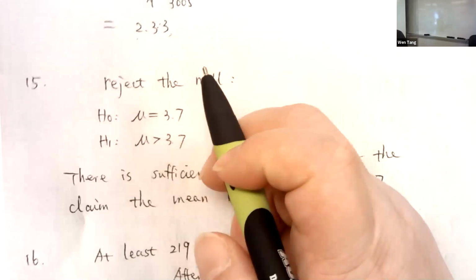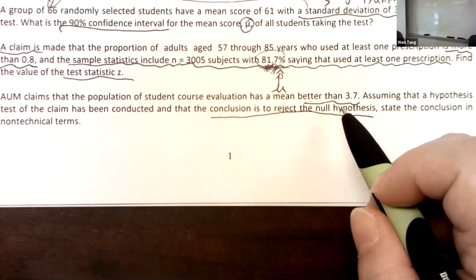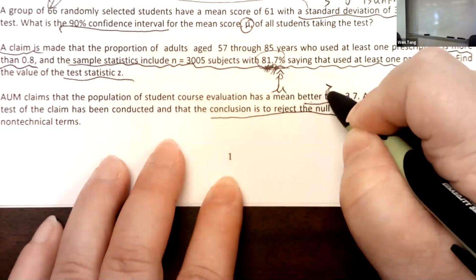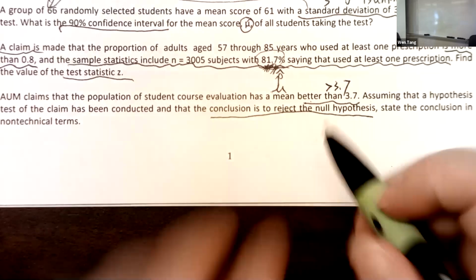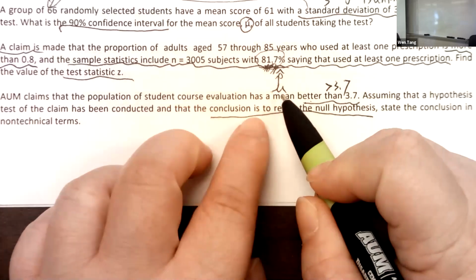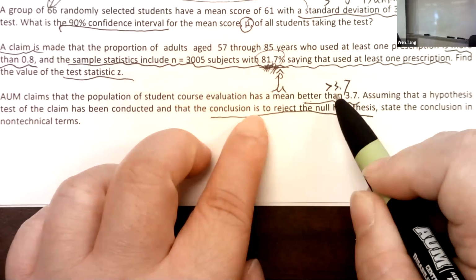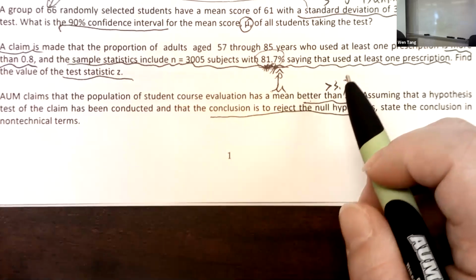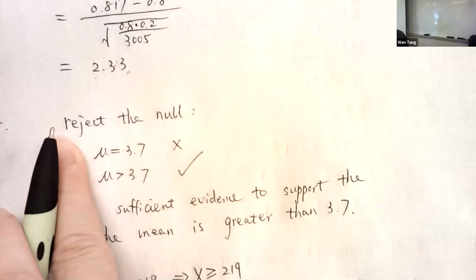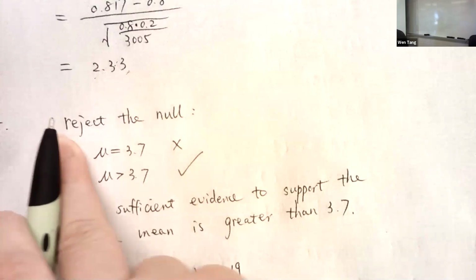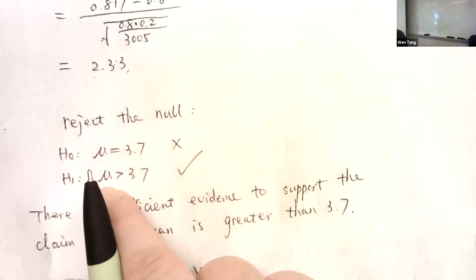Why will we have this as our null and alternative? Because our original claim is better than 3.7, greater than 3.7, right? And we also know it's about the mean, so we say mu greater than 3.7. We list mu greater than 3.7 first. After that, we should determine whether this one is our null or alternative.